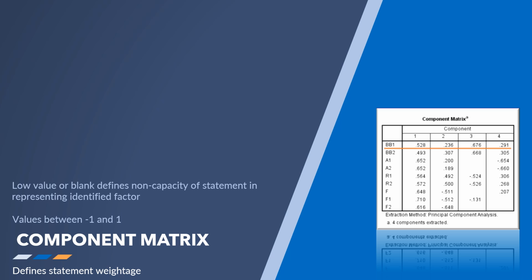We can see here in this table that the statements PB1, PB2, R1 and R2 show factor loadings for all the 4 components, but their strength is varying. The values which are less than 0.5 are not considered significant enough to qualify as a loading. This table is also not usually explained in the interpretation because it is just a raw form of the next table, which is the key to deciding the final factors in your dataset.